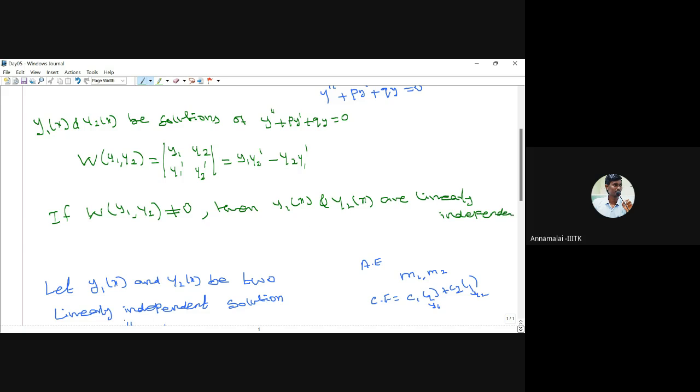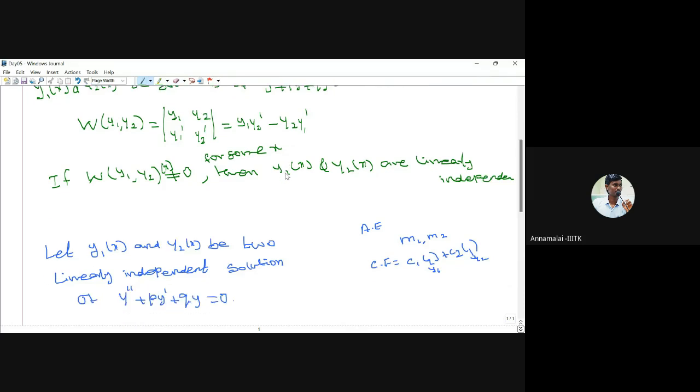The Wronskian at x means y1 of x, y2 of x. So for at least one x, the Wronskian is non-zero, and then we can say y1, y2 are linearly independent.